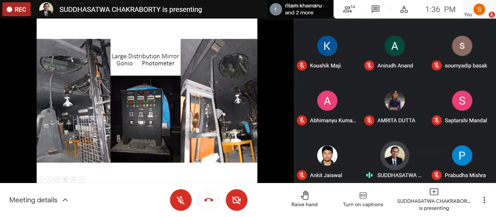Now that image will appear to be a source to my sensor. So now the distance between this image and the sensor will be small d plus the capital D. Capital D is the distance between the mirror and sensor.